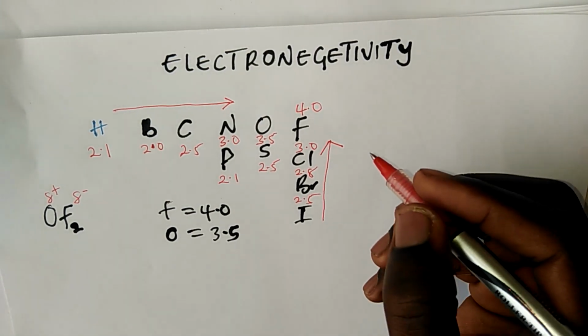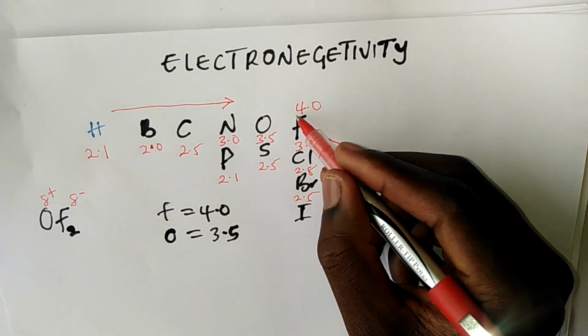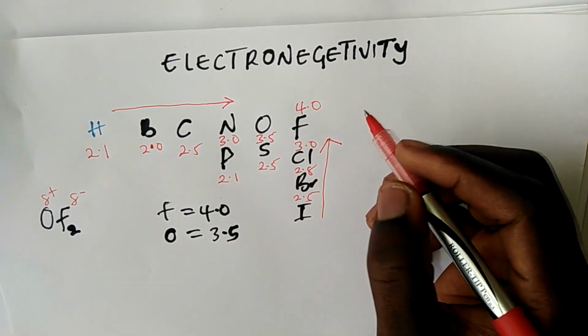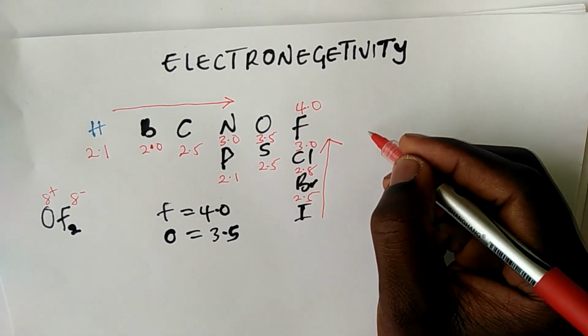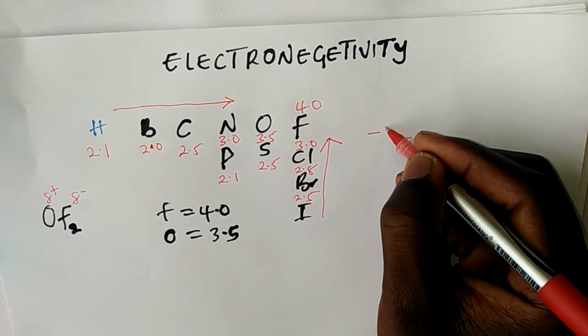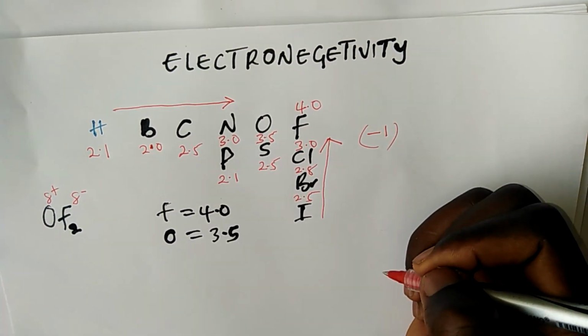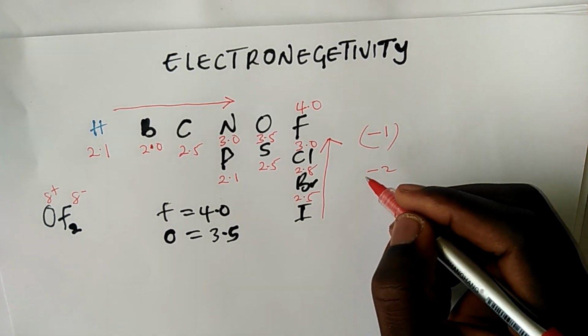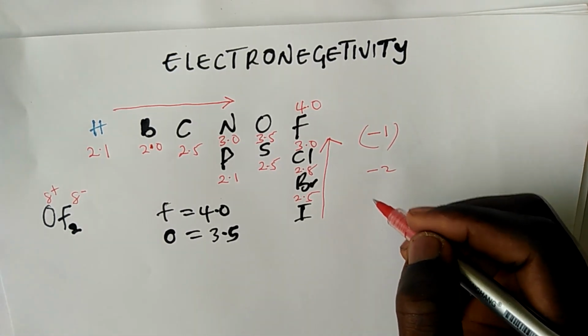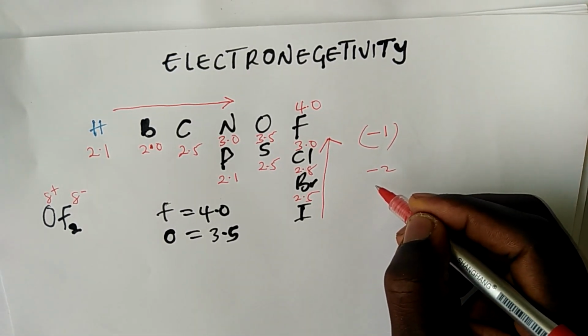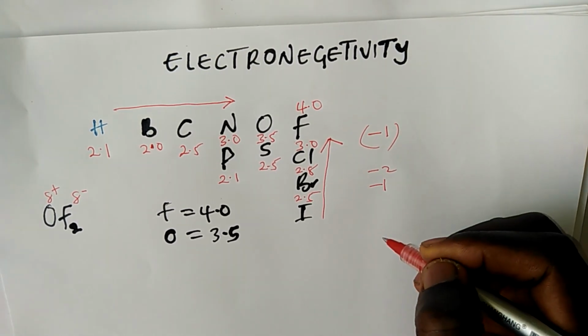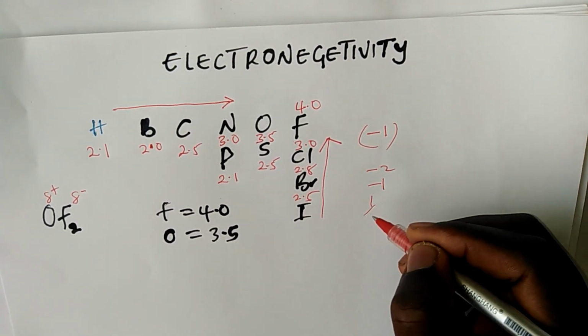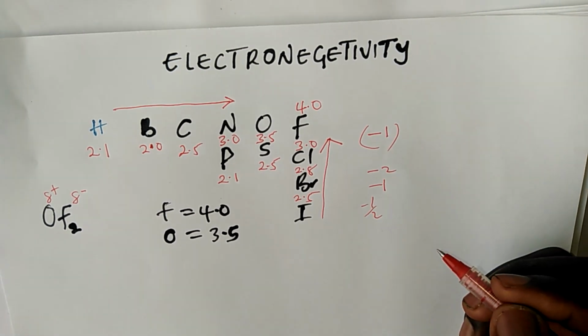The halogens, fluorine, chlorine, bromine, and iodine, they always have a -1, right? We know oxygen to be carrying -2 on its own, and then it's carrying -1 as a peroxide, and it's carrying -0.5 as a superoxide, right?